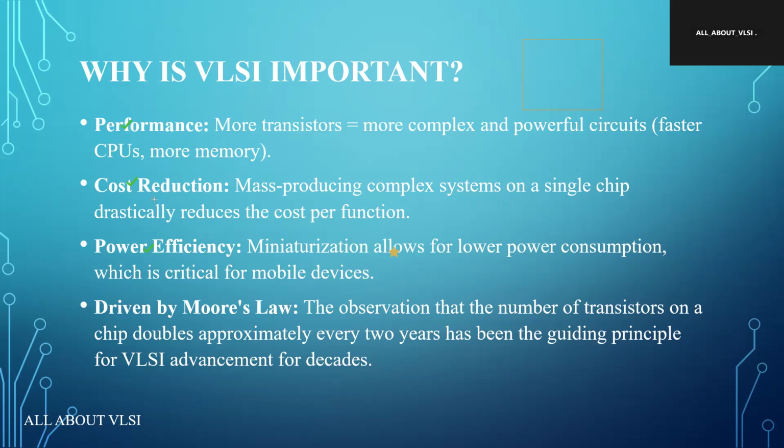After that, cost reduction. This is about mass producing complex systems on a single chip. Suppose you have 200 transistors and I want to place all these 200 transistors on a single chip, right? Consider this as case one.